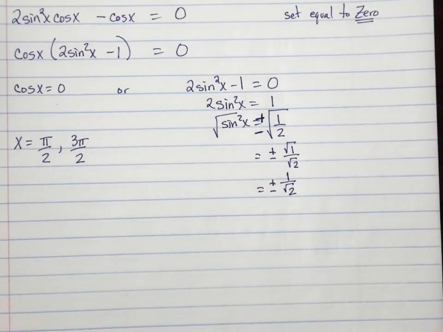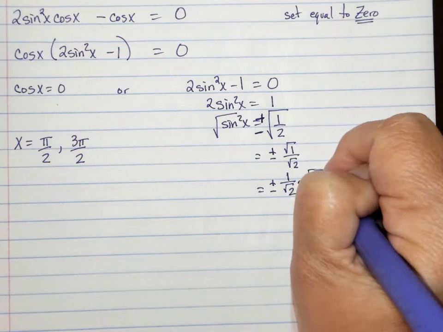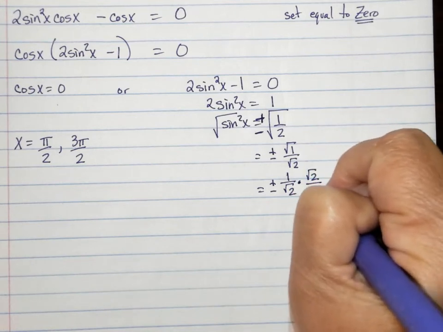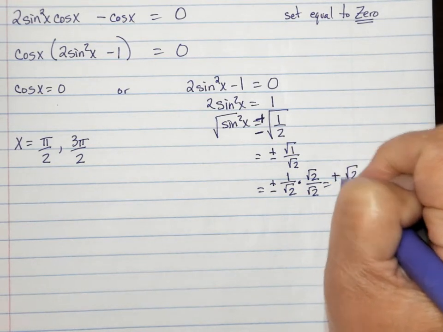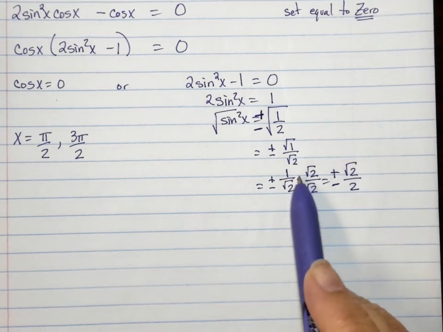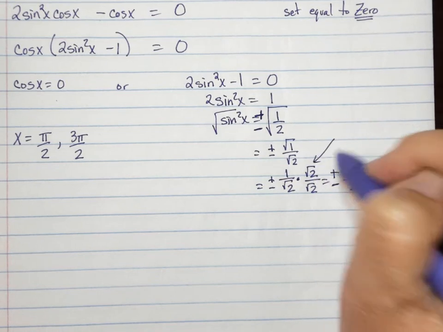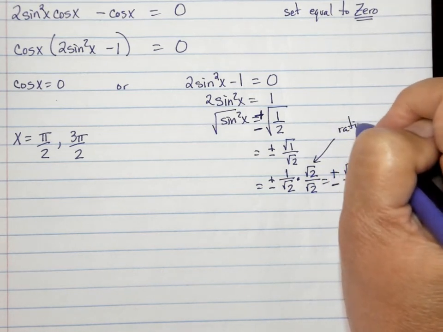But 1 over the square root of 2, when I rationalize the denominator, that's the square root of 2 over 2, right? Plus or minus. So right here again, rationalize the denominator.